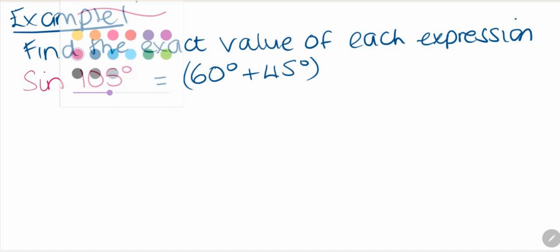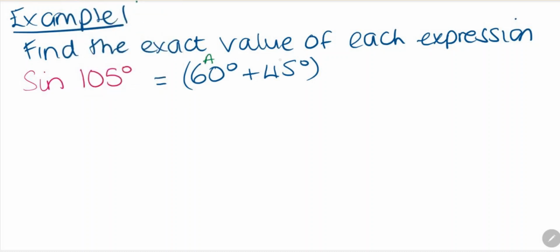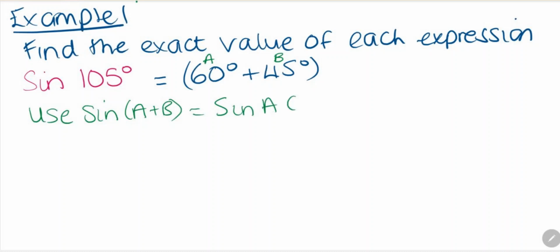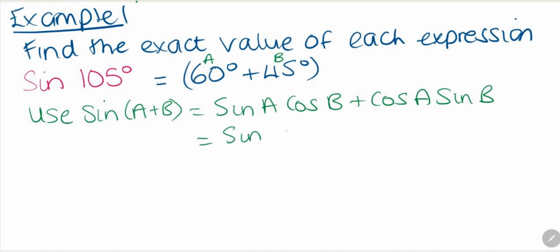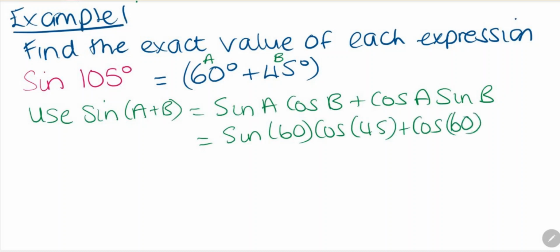So we're going to label these as angle A and B. Because it's positive and it's sine, it's going to be A plus B, which is sine A cosine B plus cos A and sine B. So this will be substituted in, so sine 60 and cos 45, cos 60 and sine 45.